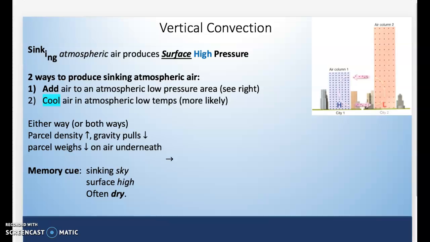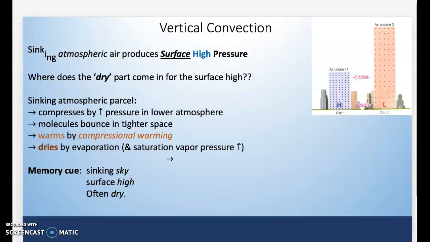As you get near the surface, the parcel weighs down on the area at the surface or underneath. That develops your surface high pressure. A mnemonic for this is: sinking sky, surface high, often dry.